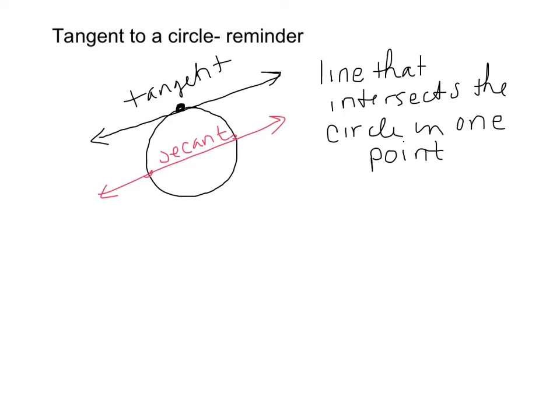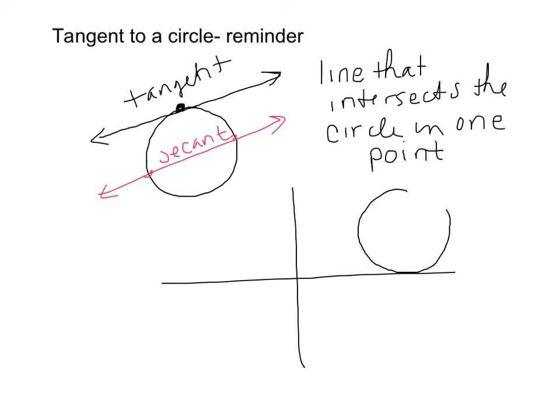Now here's the interesting thing though. What if it said that the circle was tangent to the x-axis? So here's the x-axis. This is a circle that is tangent to the x-axis. If there was one that was tangent to the y-axis, say here, this would be tangent to the y-axis.